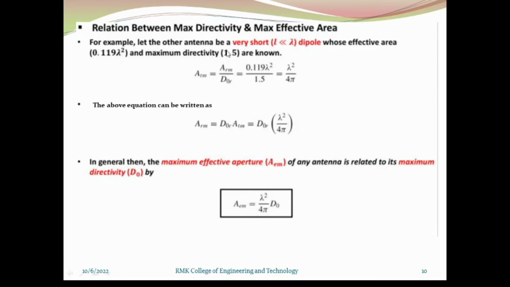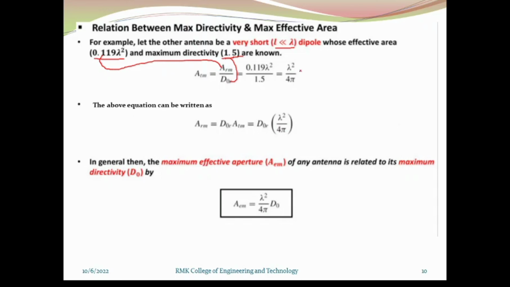Now, for example, if we take the Hertzian dipole, whose length L is very much smaller than lambda, that is a short dipole, its effective area is 0.119 lambda squared and the directivity is 1.5. If you put all these values together, the maximum directivity 1.5 is substituted here, and the effective area is 0.119 lambda squared.